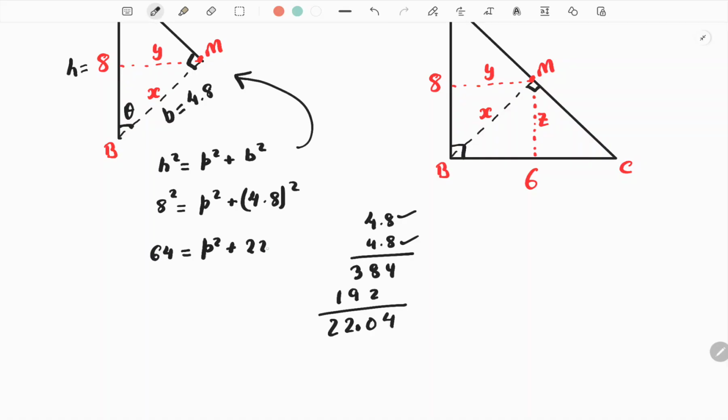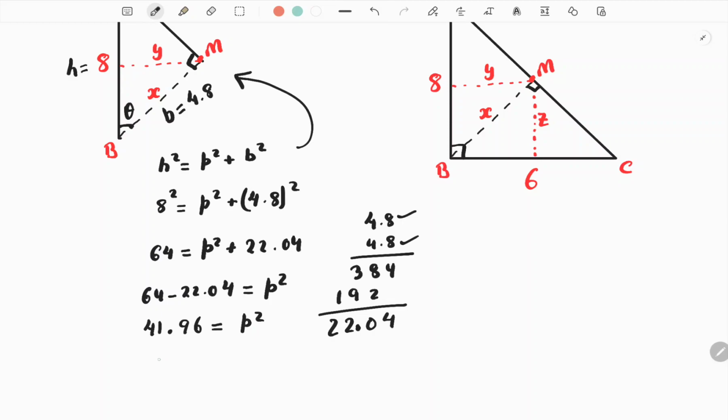So here, 22.04. So 64 minus 22.04 is equal to P square. So 64 minus 22.04, if we do the subtraction, we will get 41.96, and this is equal to P square.